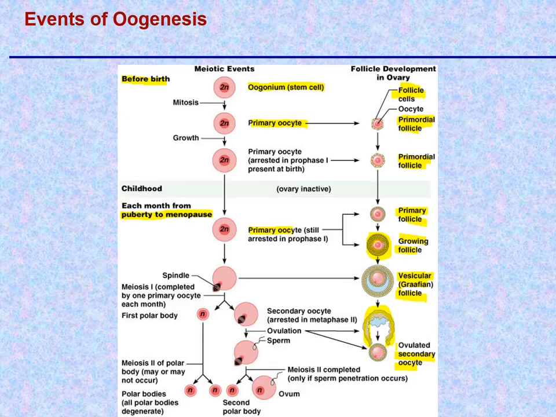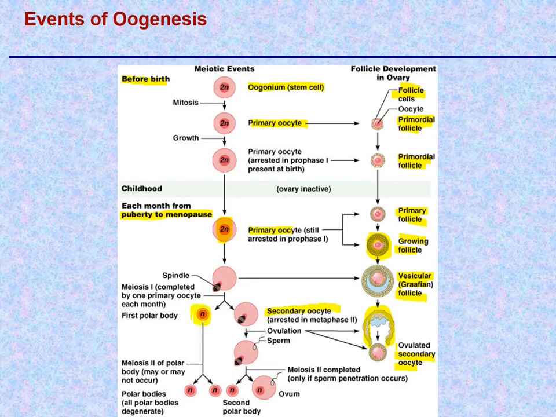Meanwhile here, if we look at the developing oocyte, in the primary oocyte it's 2N, has not completed that meiosis, but then it does complete meiosis, and you get split into two. You get a secondary oocyte and first polar body.